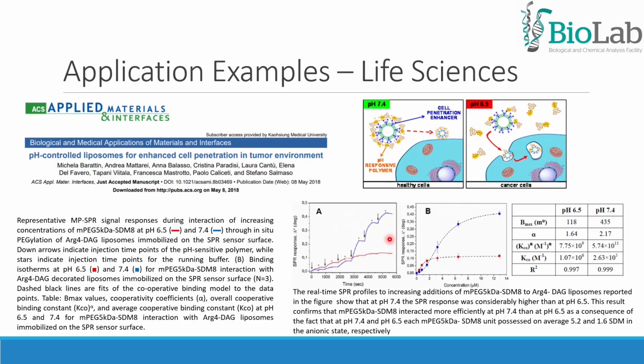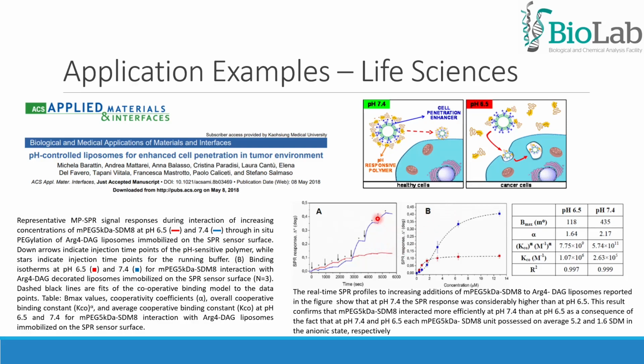SPR studies were performed to further investigate the association of the pH-sensitive polymer with CPE-decorated liposomes immobilized on the sensor. CPE-decorated liposomes were captured and immobilized on SPR gold sensors coated with a carboxymethyldextran hydrogel layer functionalized with dodecyl lipid anchors. The pH-sensitive polymer was dissolved in running buffers at pH 7.4 and 6.5 to assess polymer-liposome association under different pH conditions.